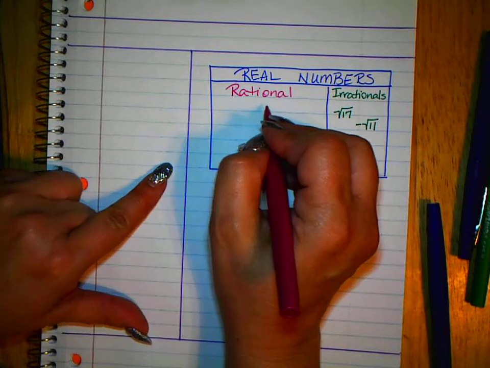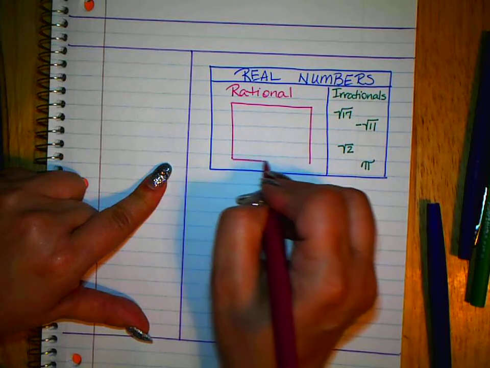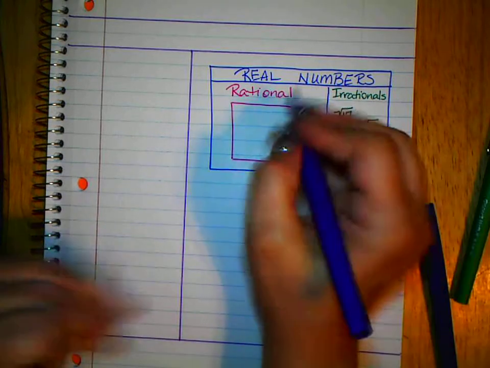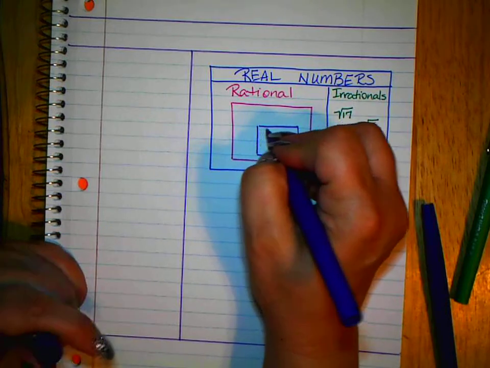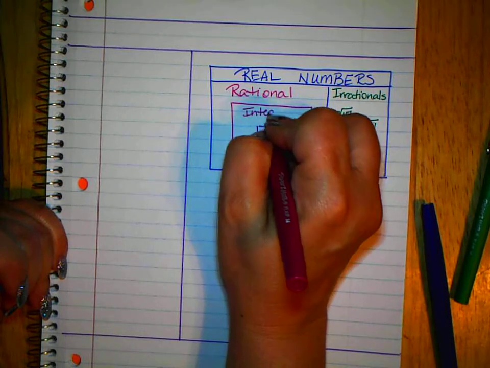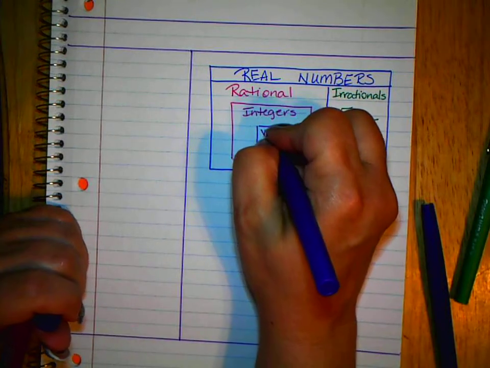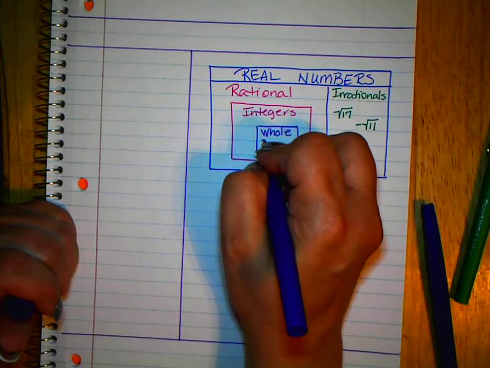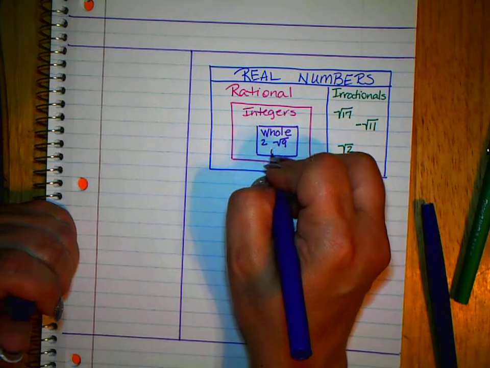Now, inside the rational numbers, we have the integers, and inside the integers we have the whole numbers. Whole numbers involve numbers like 2, or the square root of 9, or 0.